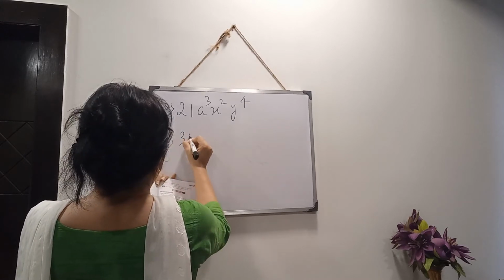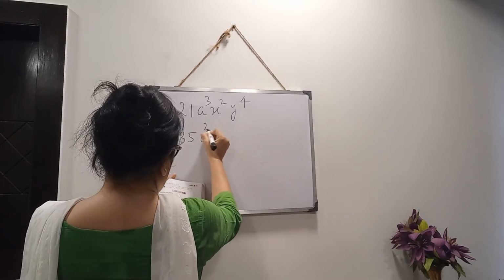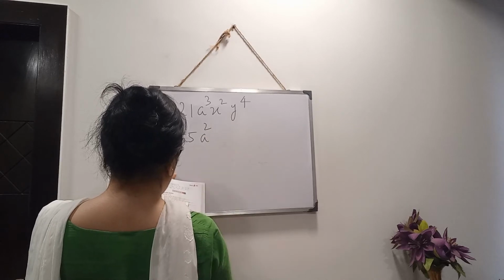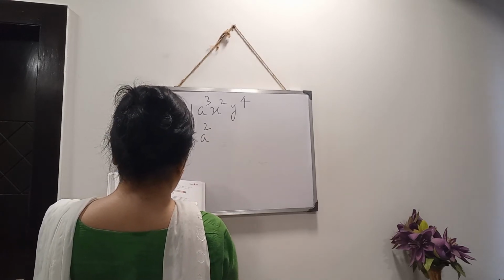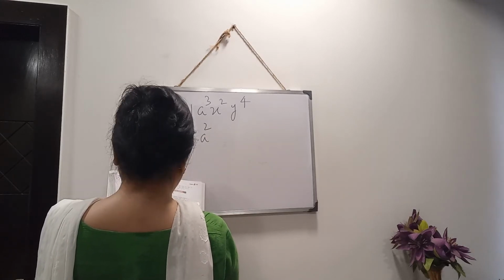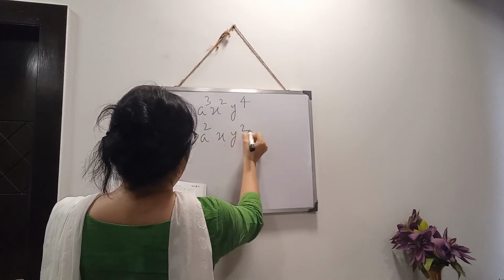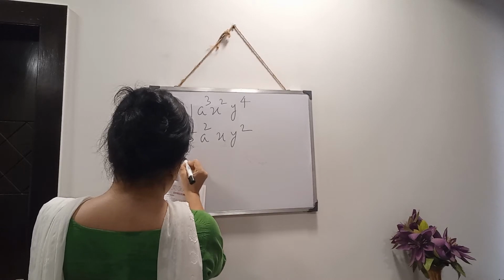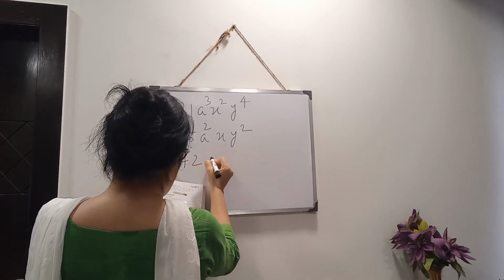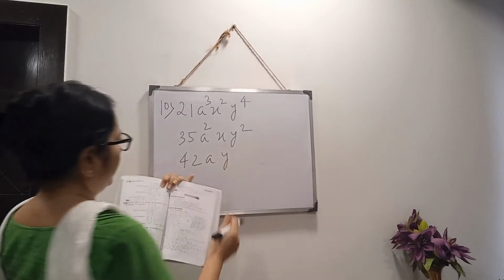The second one is 35 a square x y square. The third one is 42 a y, no x.